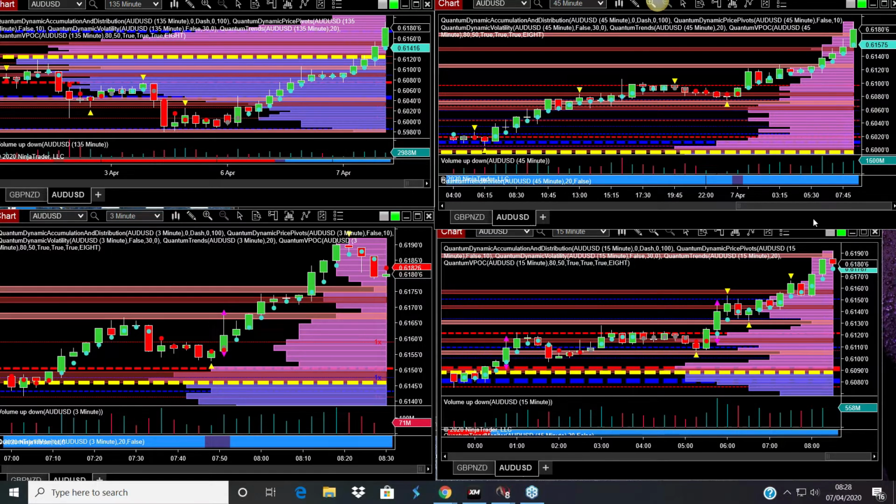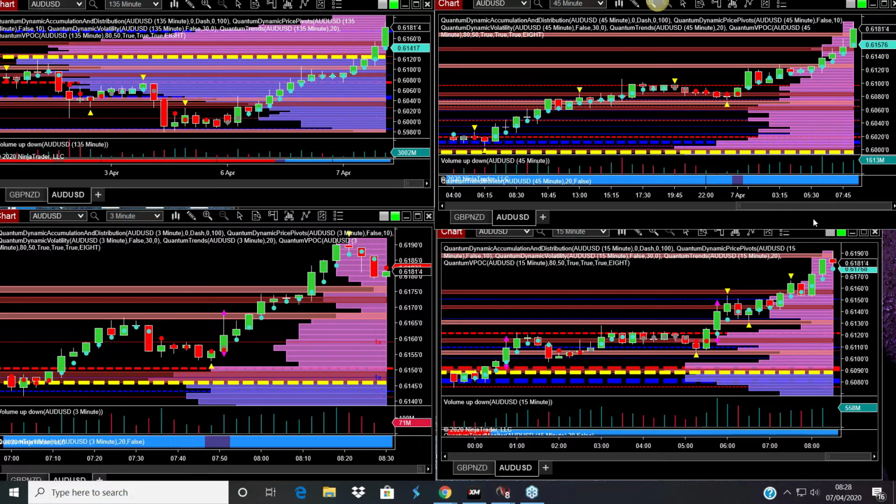In fact, funnily enough, it is the Aussie dollar that I have here at the moment. I've actually got 4 charts, because my 4th chart is at 135 minutes, which is also my daily, but I've had to go to the 135 because I need to see on the higher time frames where this price is likely to be going next.